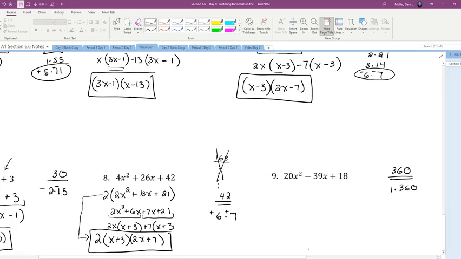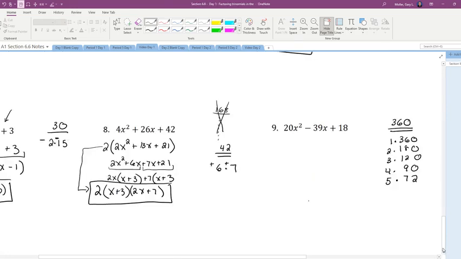Okay. 2 times 180. 3 times 120. 4 times 90, 5 times, let's see, 7 times 5 is 35. Carry them, so 72. 6 times 60. 7, probably not. 8, yes, but now I'm kind of out. So let's go.